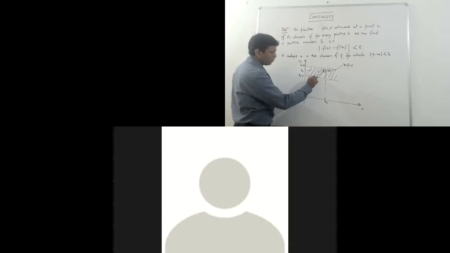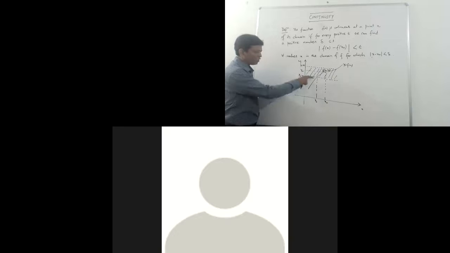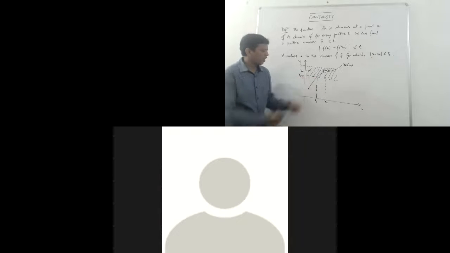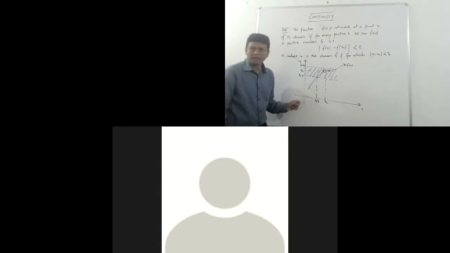Now, this is suppose your vertical strip. For this horizontal strip, you are getting a vertical strip. For this point, the straight line will cut the curve at this point. From there, you are drawing a perpendicular, and this is nothing but your x naught minus delta.